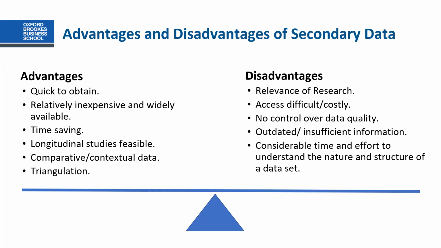This was made much easier with the advancement in technology, where much of this data is freely available. So it is much cheaper than collecting primary data, and it can save you not only money, but also time.